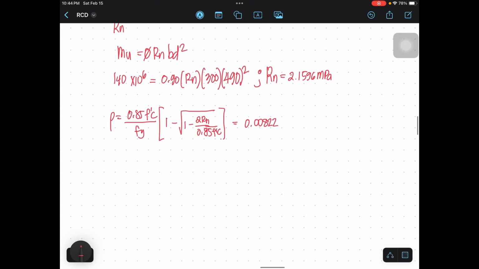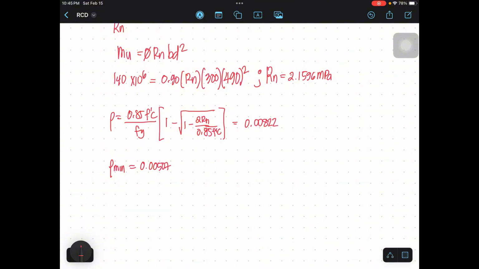Okay. After malaman natin yung steel reinforcement ratio, check natin sa minimum. So since hindi naman nagbago yung ating mga material properties, yung rho minimum natin is 0.00507, which is mas maliit na compare sa ating rho actual, okay, or steel reinforcement ratio.